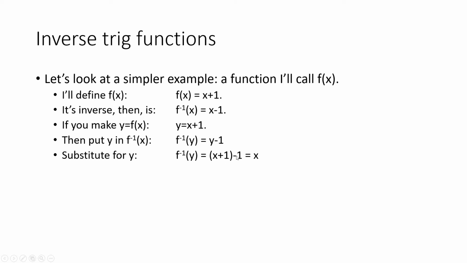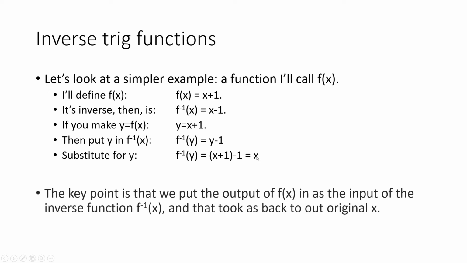So x plus 1 minus 1, you get back to the number you started with, which is x. The main point is, if you take the output of one function, f of x, and put it into the inverse function, you'll always get back the original x. So essentially we swap what's on the right hand side and the left hand side to get back to where we started.